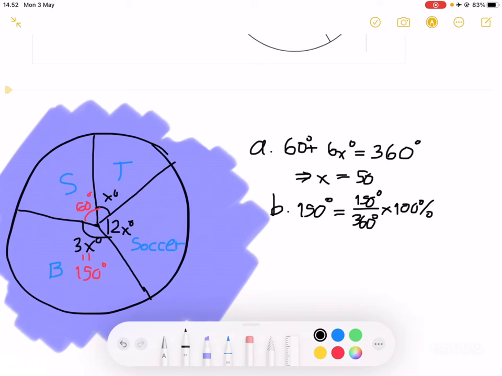This is to change the units from degrees into a percentage, and leaves us with an answer of 41 2/3%. And I know this result isn't as nice a number as it should be.